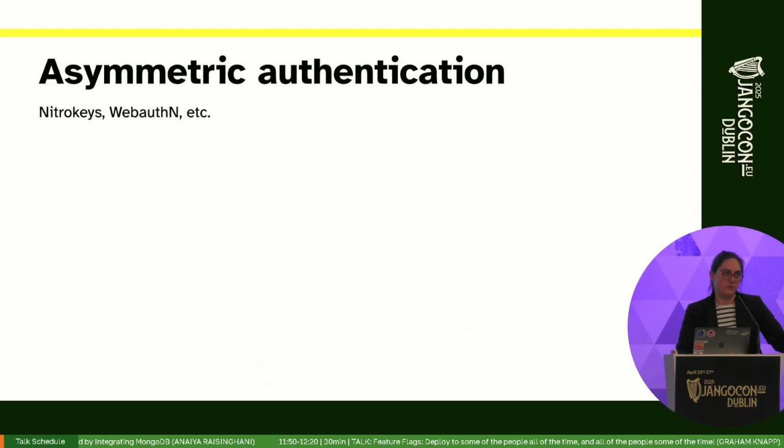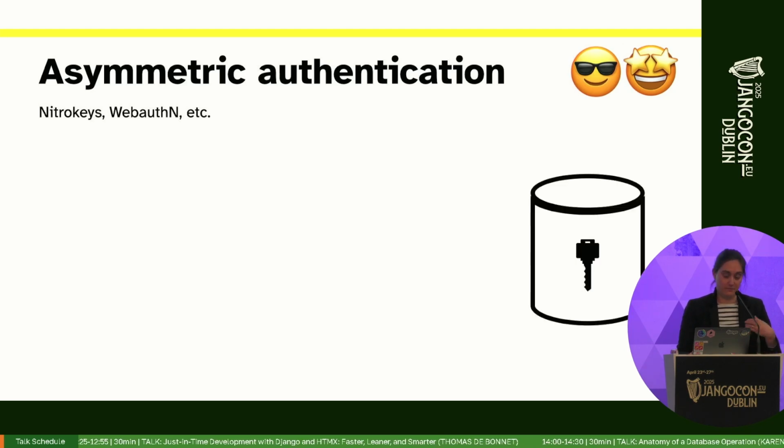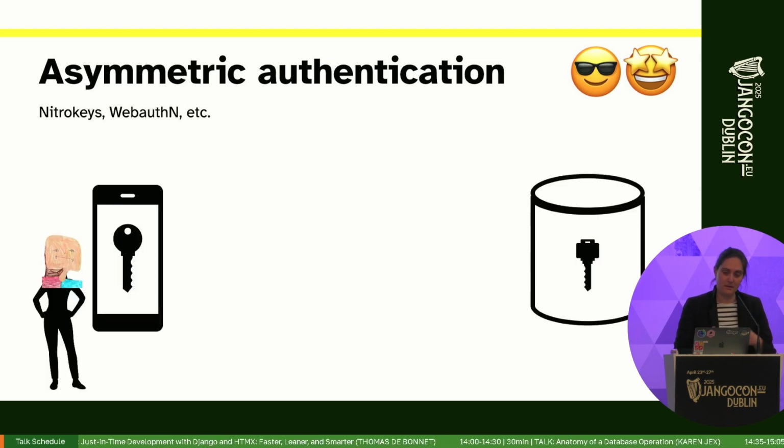So how does it work in WebAuthn, in YubiKey, in a passkey? So it's the star and the fanboy algorithm. It's a signature. At the beginning of the story, the client generates a public and a private key, and it shares the public key with the server.